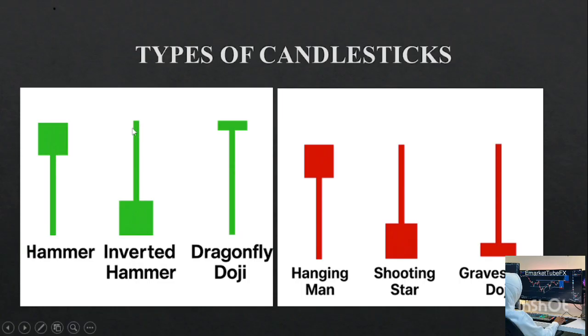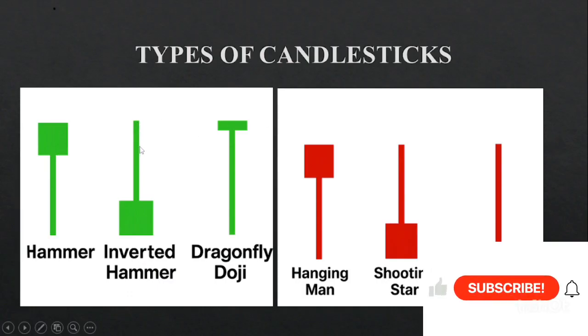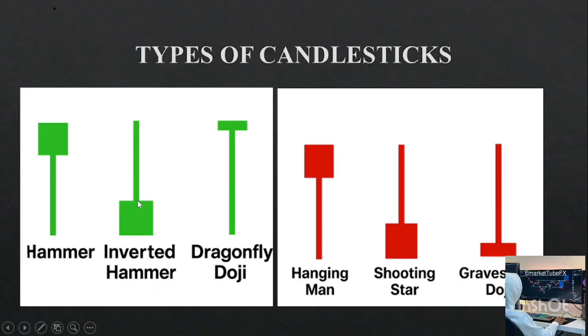They pushed price down. So the wick that you see here is as a result of the rejection, the selling power, the sell bias.